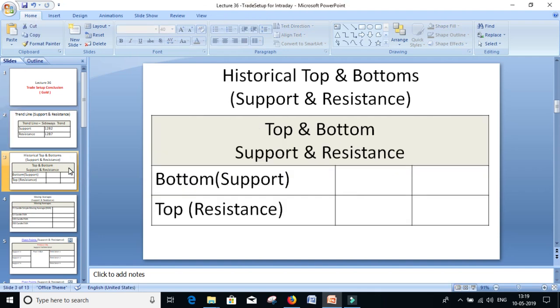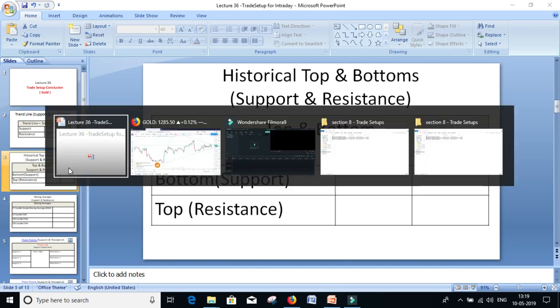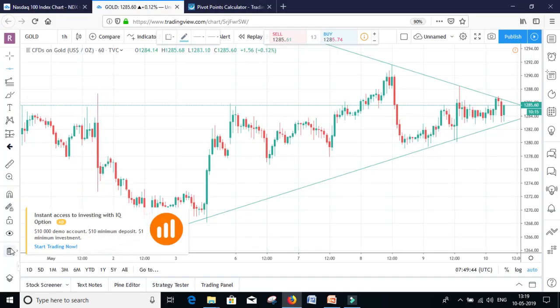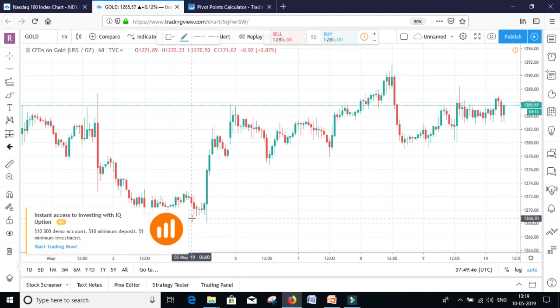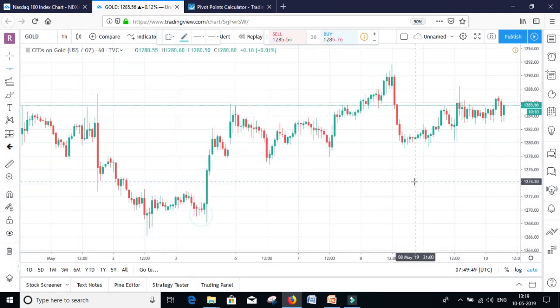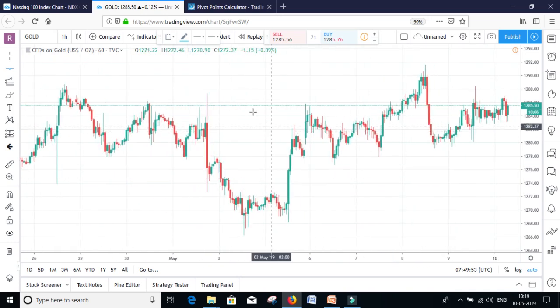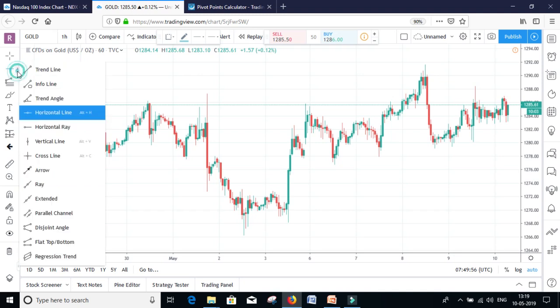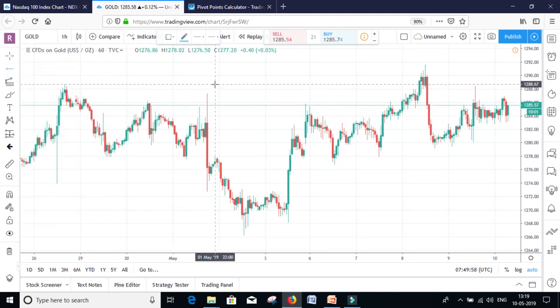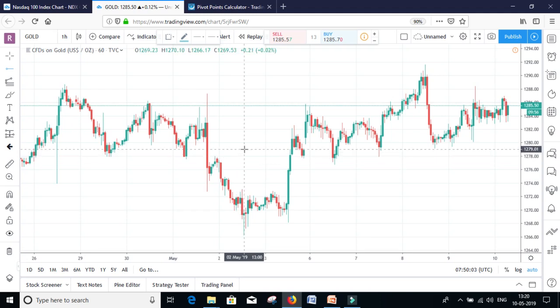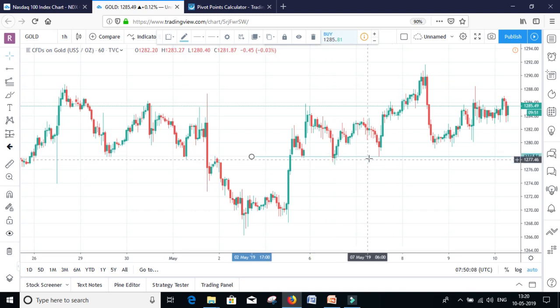Apart from that, the next tool that we use is top and bottom. So we just remove all drawing tools. Now we have to draw a major support and major resistance line. The first major support is around here or maybe here. There is 1 point, 2 points, 3 points, 4 and 5.